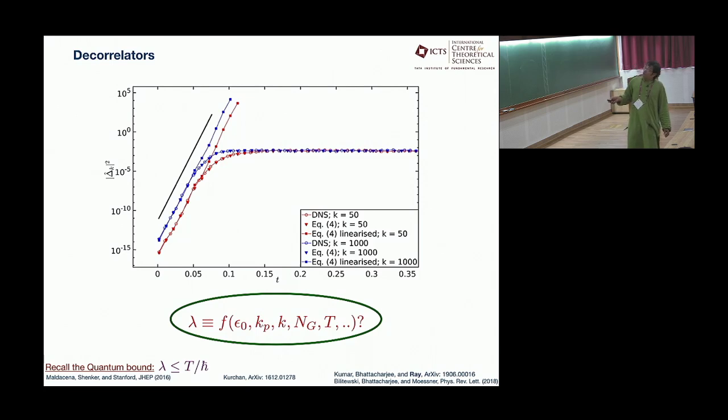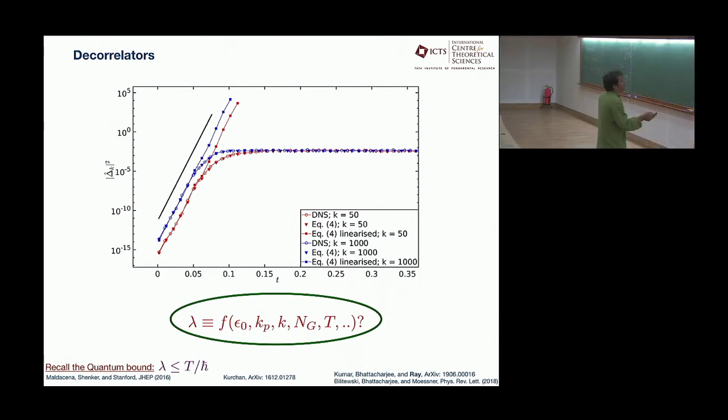And from the early exponential growth, and again, DNS means solving the full equations and then calculating the cross correlator, the question really becomes how to fish out the Lyapunov exponent from these short time bursts. So this is a semi-log plot. You see that it is indeed growing exponentially.